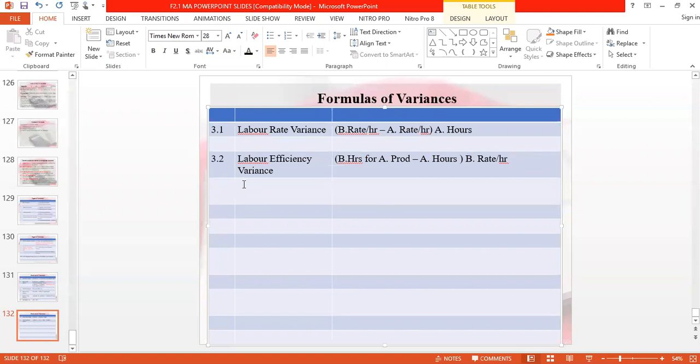So labor efficiency variance is equal to budgeted hours for actual production minus actual hours times budgeted rate per hour.